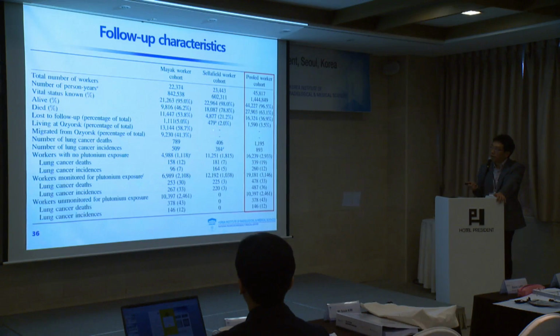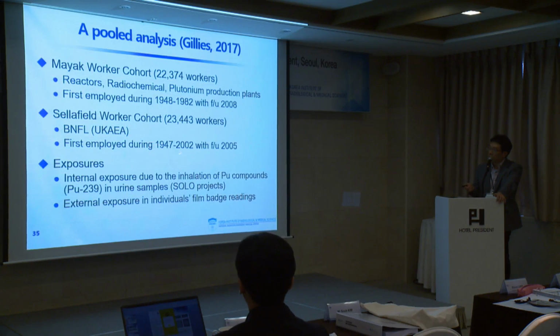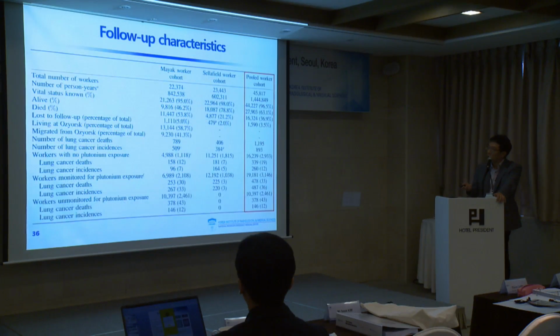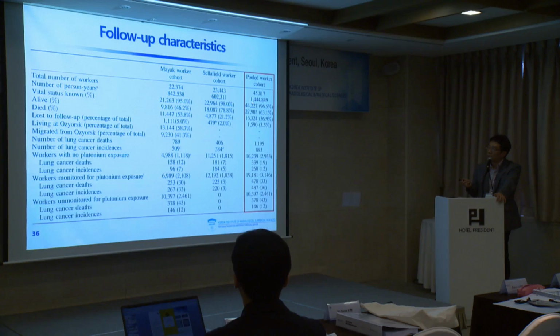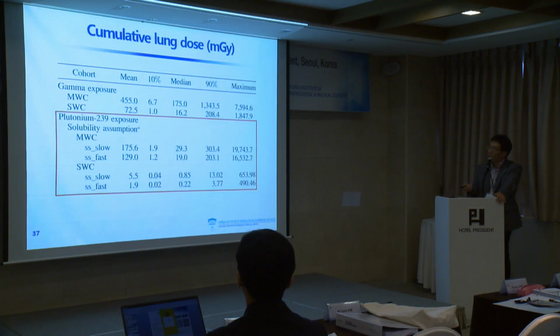So these are the characteristics. The study pooled two cohorts. The total number of workers is about 45,000, and person-years is about 1.5 million years, so it's relatively long. Let's look at the cumulative lung dose. For the gamma exposure, MWC stands for Mayak workers and SWC for Sellafield workers.